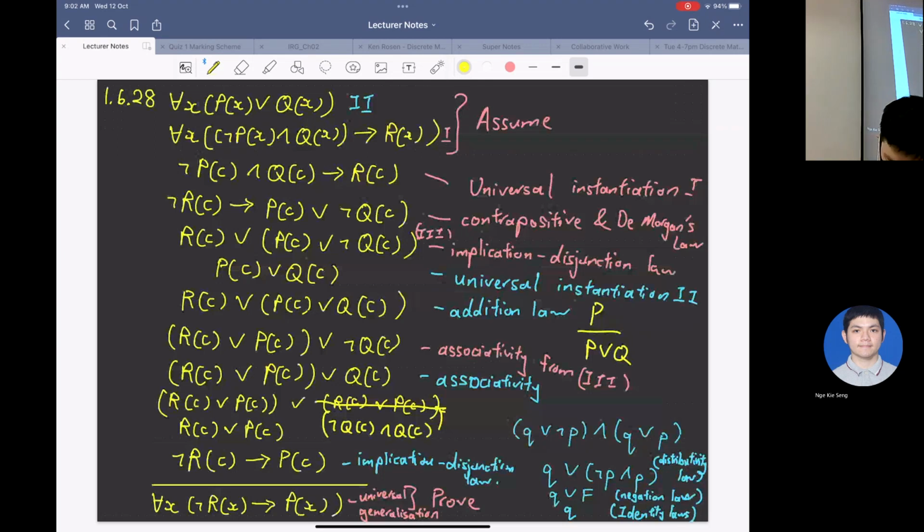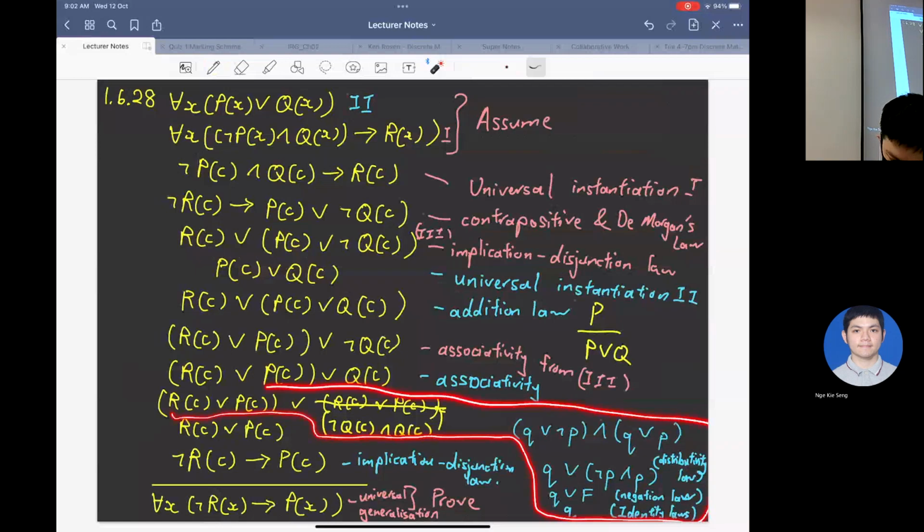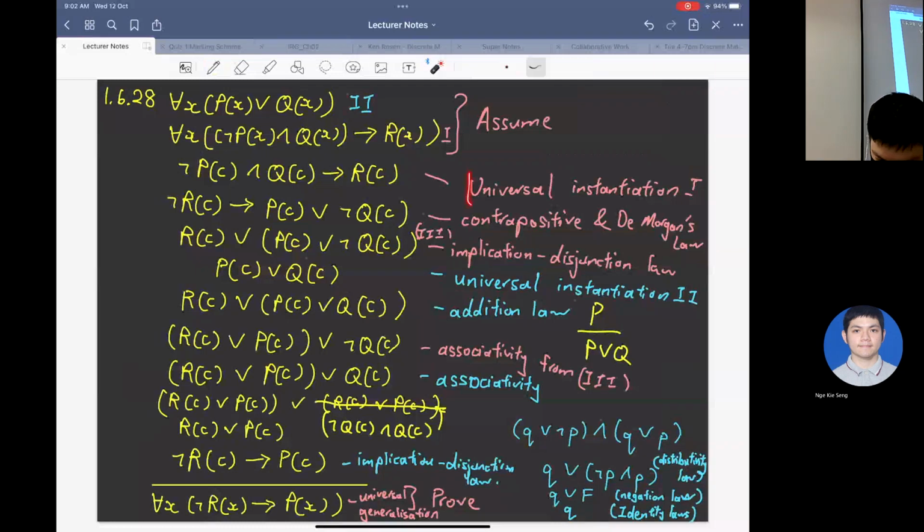I think there's one technical step here which I did wrong. The others are just normal instantiation law, De Morgan's law, implication, and so on. But one thing to take note of here is this Q or not P, and Q or P. This is the distributivity law.